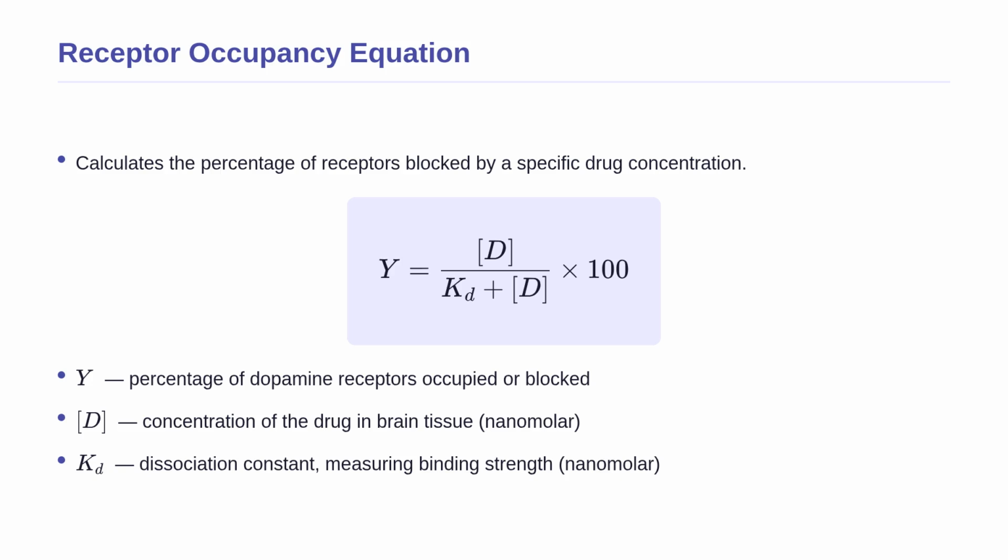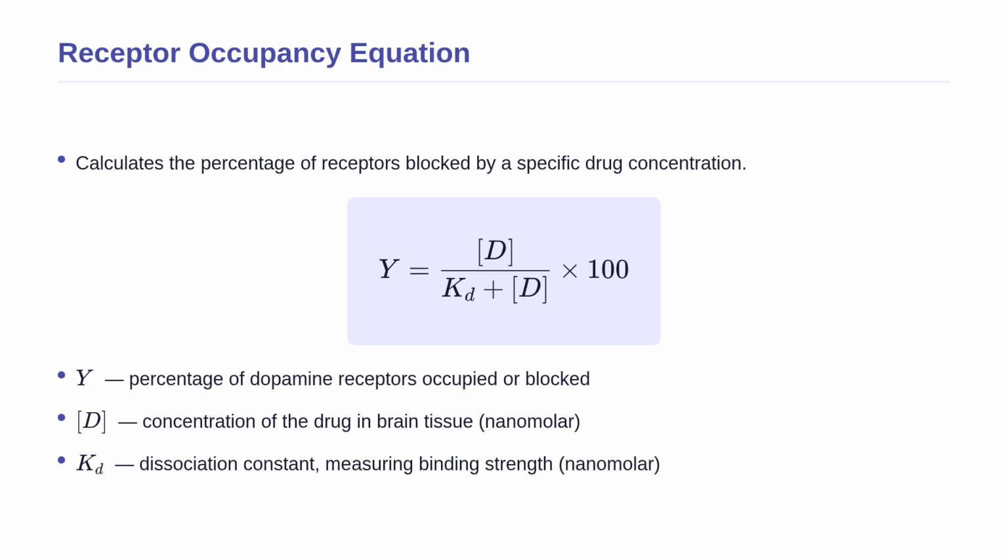To find that perfect balance we just discussed, pharmacologists use the receptor occupancy equation. This formula calculates the exact percentage of receptors blocked by a specific concentration of a drug. Y represents this percentage of occupied receptors. D is the concentration of the drug present in the brain tissue.